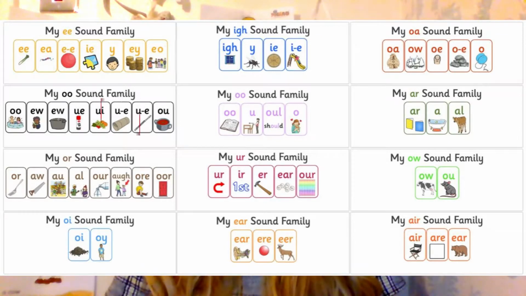Then we have the split digraph with the graphemes U and E. This can be pronounced in two ways. It can make the U sound, like in tube, or it can make the U sound, like in the word flute.